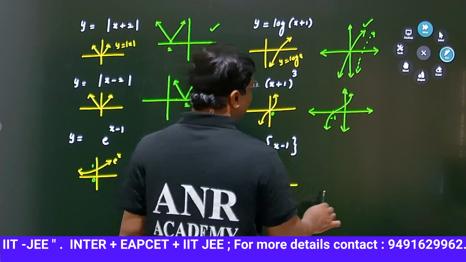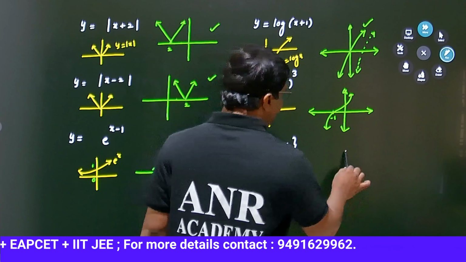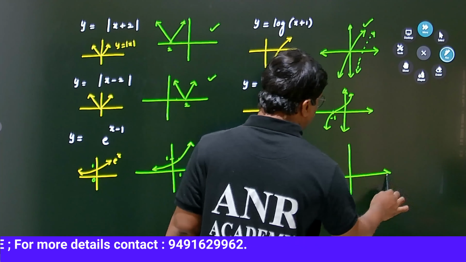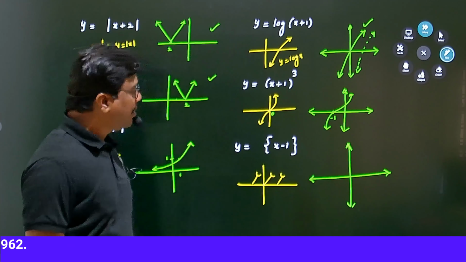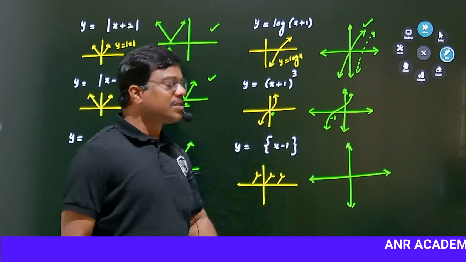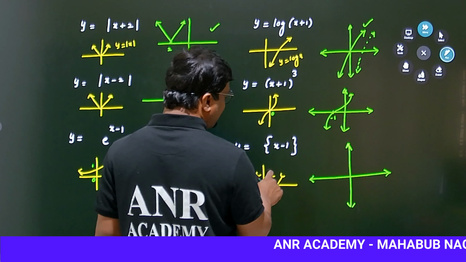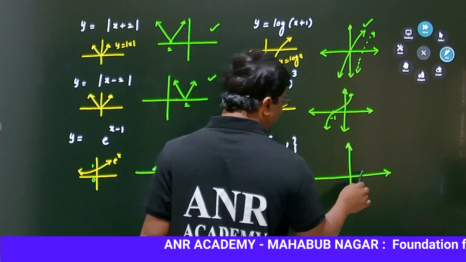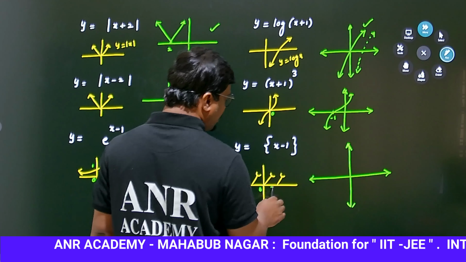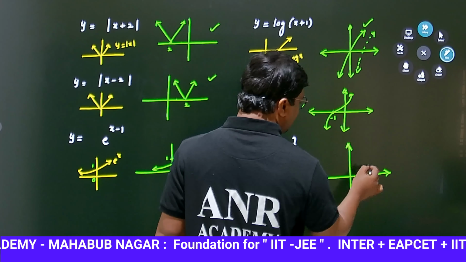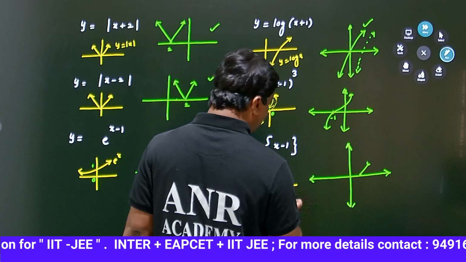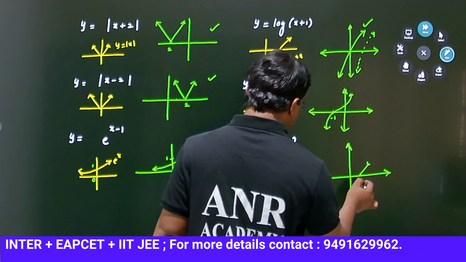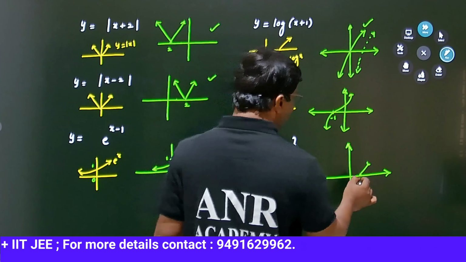Next, fractional part of x minus 1 graph. Yes, you have to shift the graph 1 unit towards right. If it is shifted 1 unit towards right, you will get the same graph, right? The first graph, which is in the interval 0 to 1, goes to the interval 1 to 2.